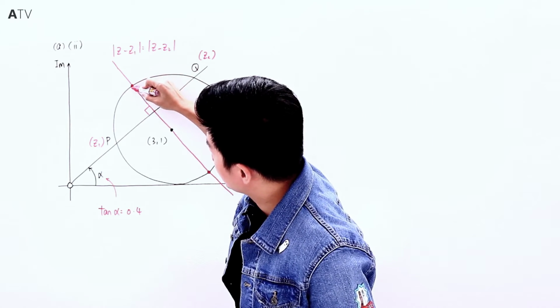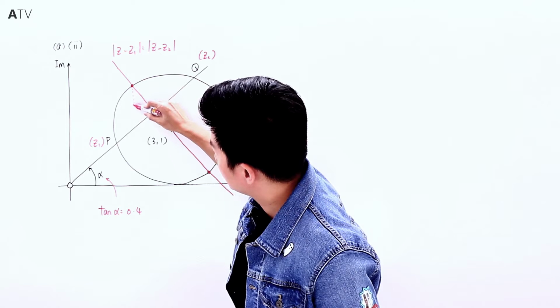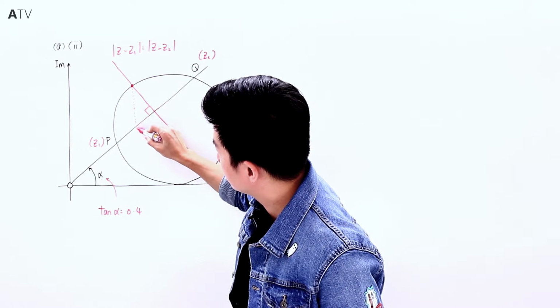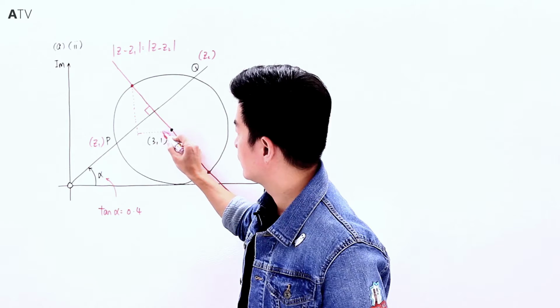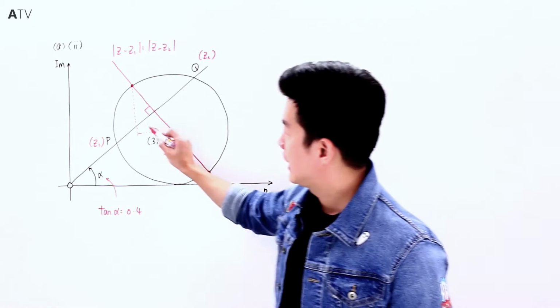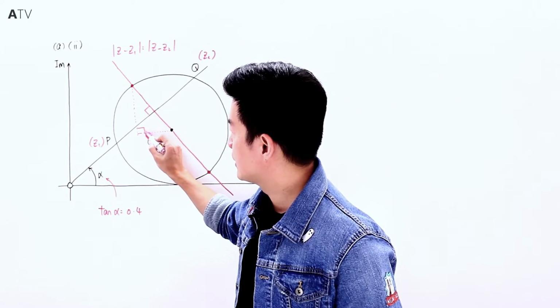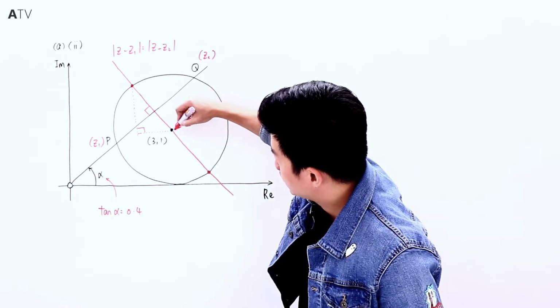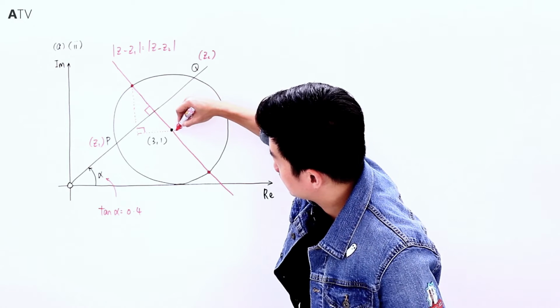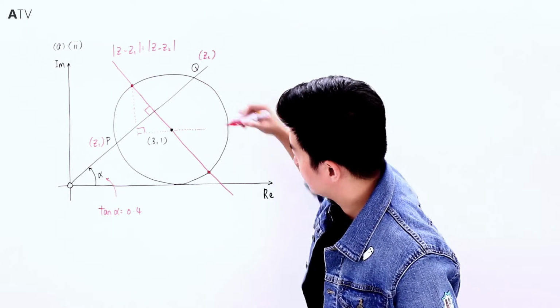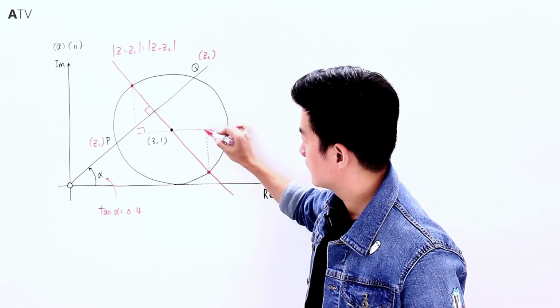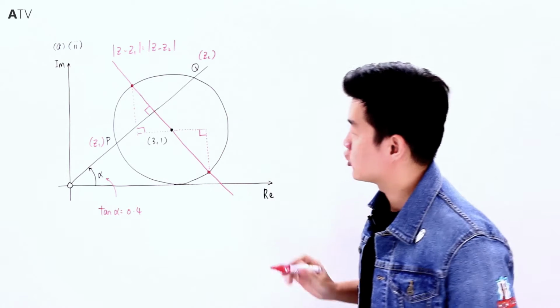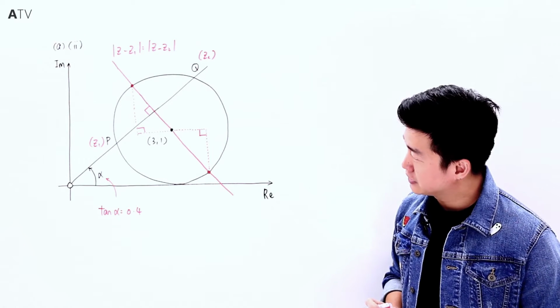From here I'm going to extend a vertical line downwards, and then a horizontal line to the center of the circle, and this will be 90 degrees. I'm going to do the same thing for the other triangle that I'm trying to form, a horizontal line and then a vertical line downwards, and this is going to be a right angled triangle.